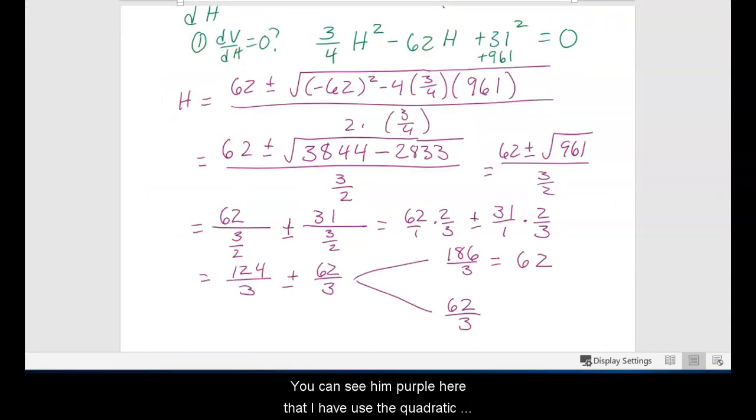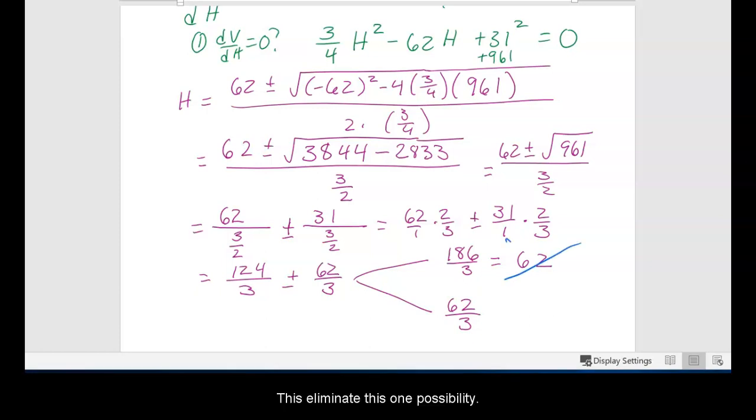You can see in purple here that I have used the quadratic formula to solve this quadratic equation for h. Since this is our height, we know it has to be strictly positive. Due to the constraint on the original equation, it also must be strictly less than 62. Because it has to be strictly less than 62, this eliminates this one possibility.